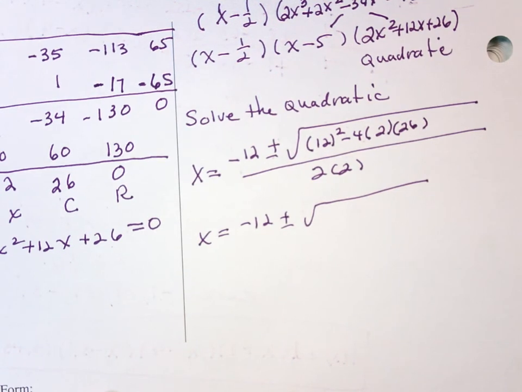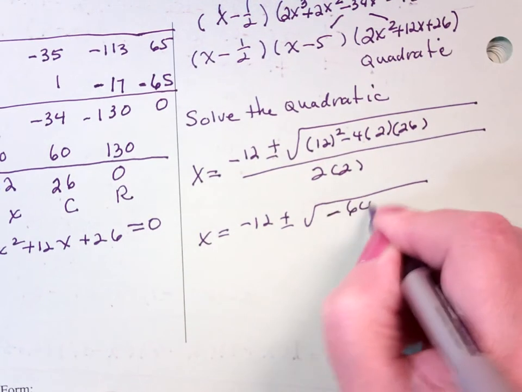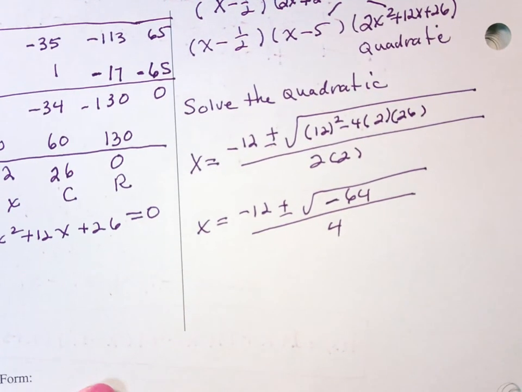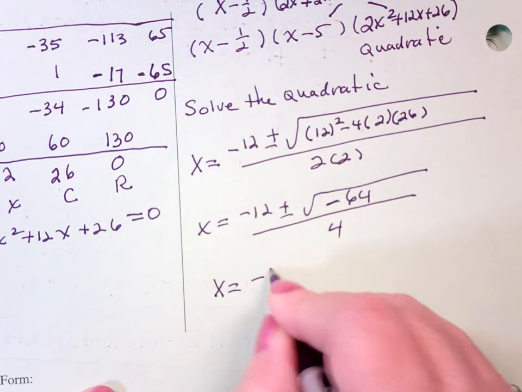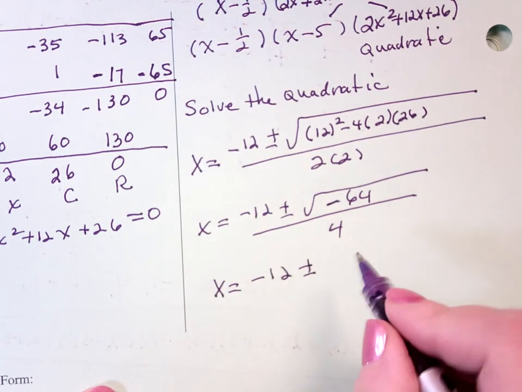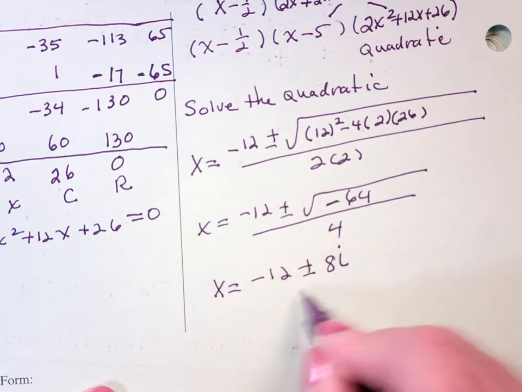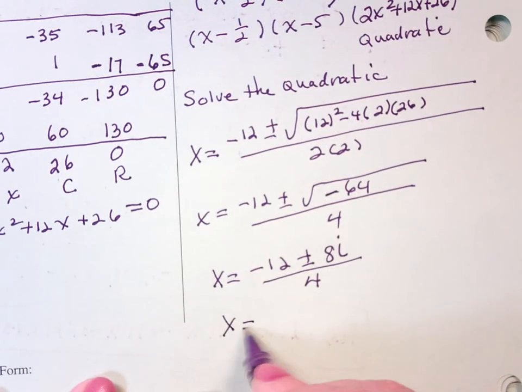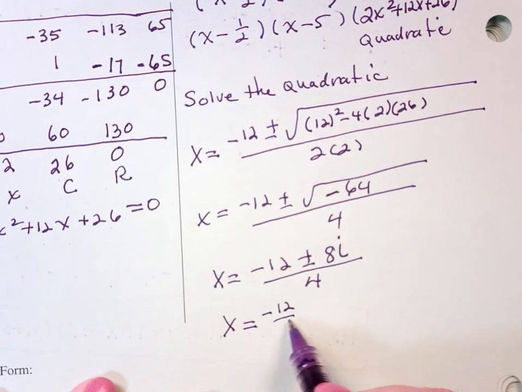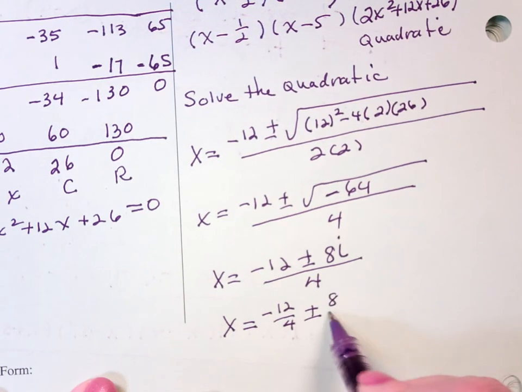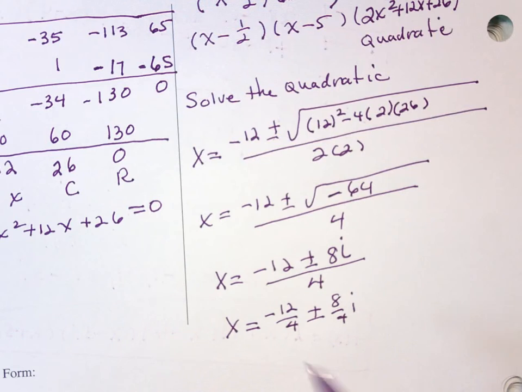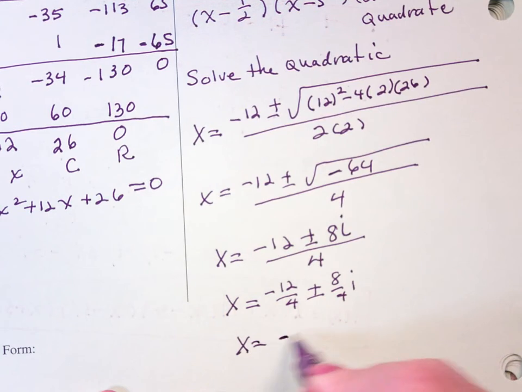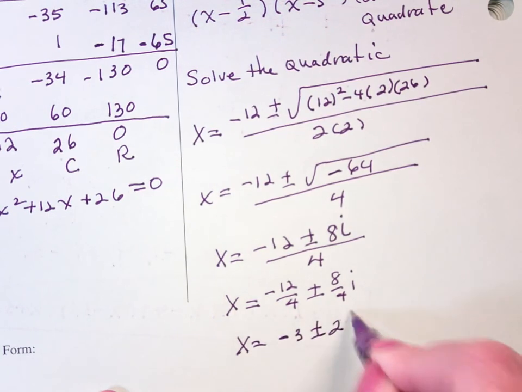Oh, isn't that cute? Negative 64. I like that. So x is minus 12 plus or minus the square root of negative 64, which is 8i, all over 4. Or x is minus 12 over 4 plus or minus 8 over 4i. Or x is minus 3 plus or minus 2i.